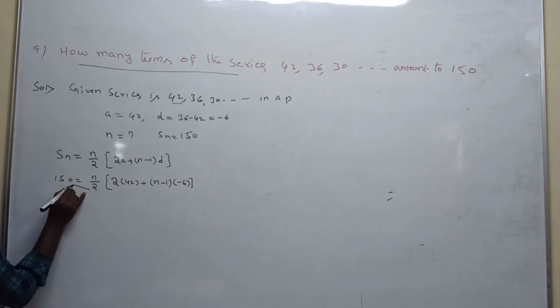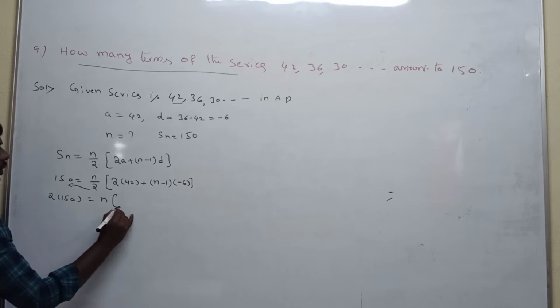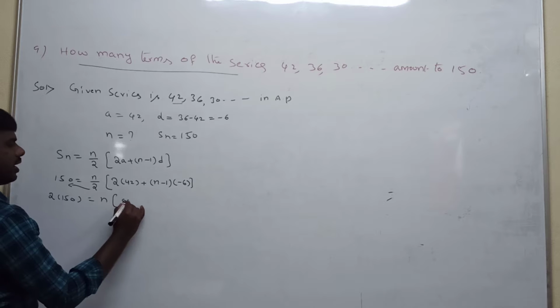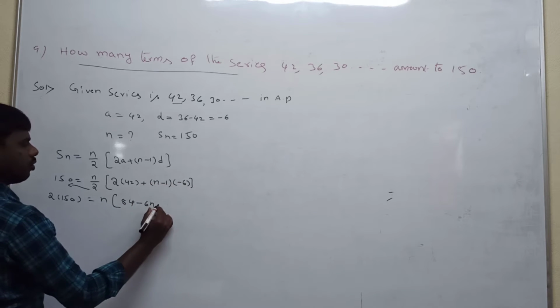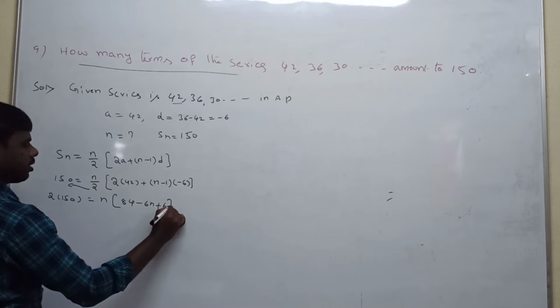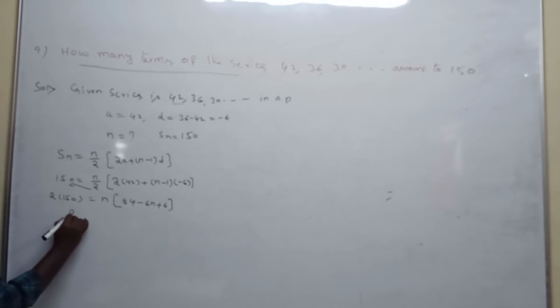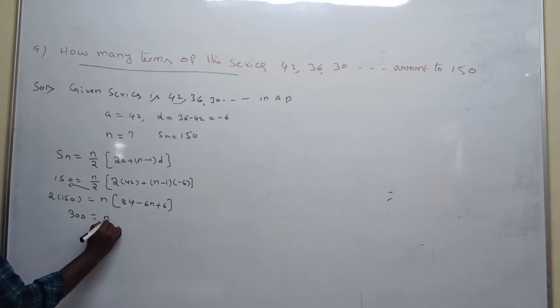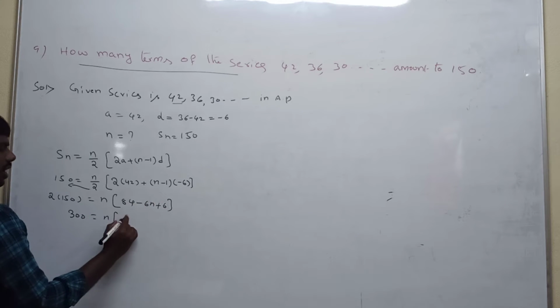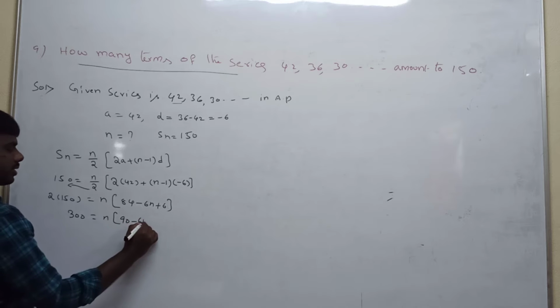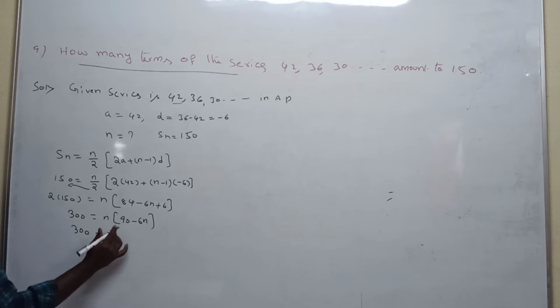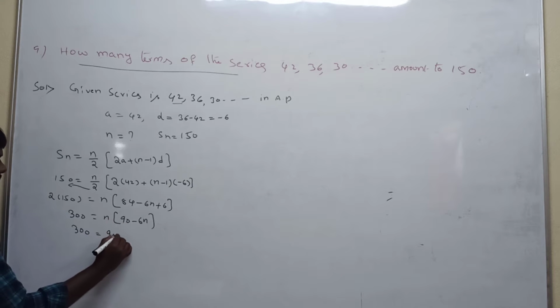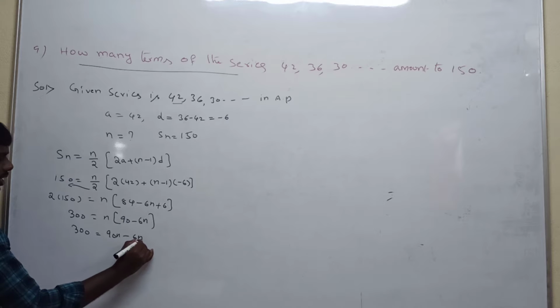Now 2 is cross multiplied. 2 into 150 is equal to n into 42 into 2, which is 84, n into minus 6 is minus 6n, minus 1 into minus 6 is plus 6. Now 150 into 2 is 300 is equal to n into 84 plus 6, which is 90, minus 6n. Now multiplying with n: 300 is equal to 90n minus 6n square.